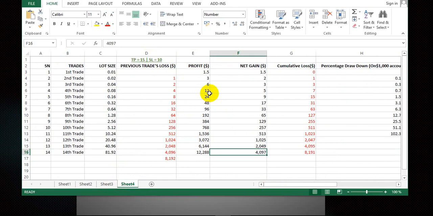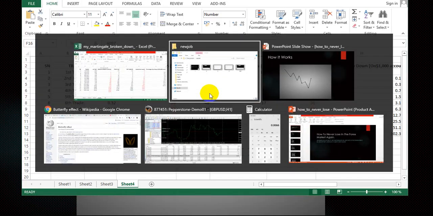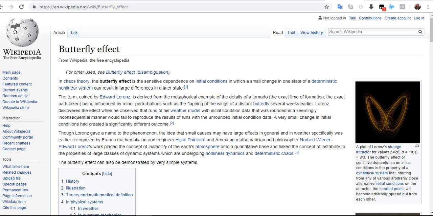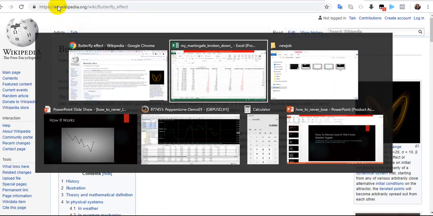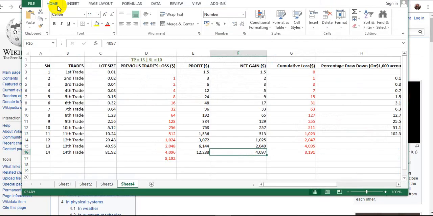And I think in my mind this goes back to the butterfly effect, which if you're not familiar with, simply come over to Wikipedia, this very link, and read about it. But I'll briefly say what the butterfly effect tries to put forward.